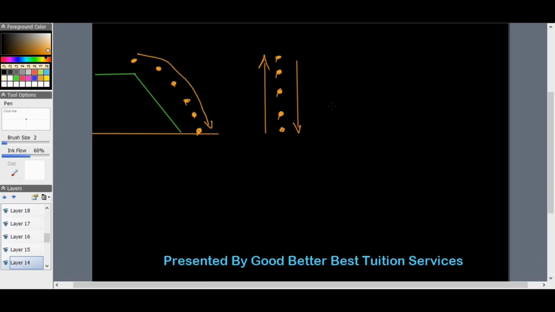An object can also go in this direction. So it started here, was thrown up, and reached what we call max height, h for height, and then came back down to what we know as its starting point.